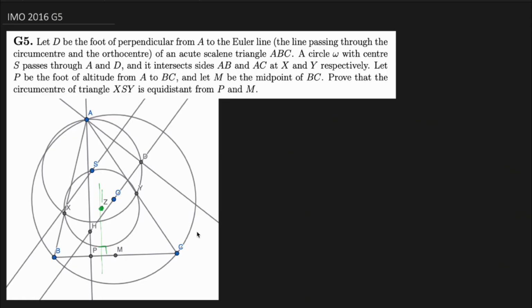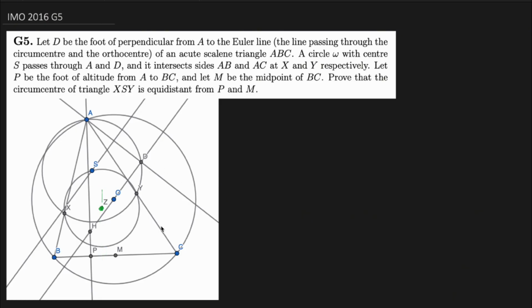What's interesting here is we might notice that there are a lot of perpendicular bisectors and midpoints. So what might be helpful here is a ×2 homothety. Whenever we have perpendicular bisectors and midpoints, a ×2 homothety can always help because we can transform lines and midpoints into something a bit more tangible.